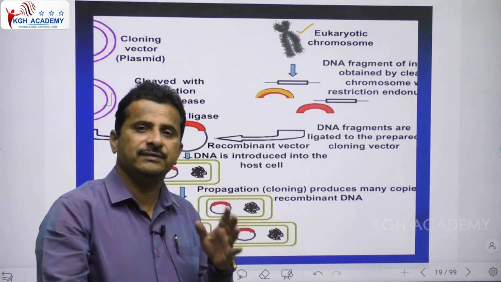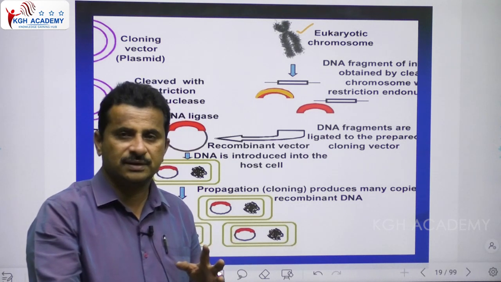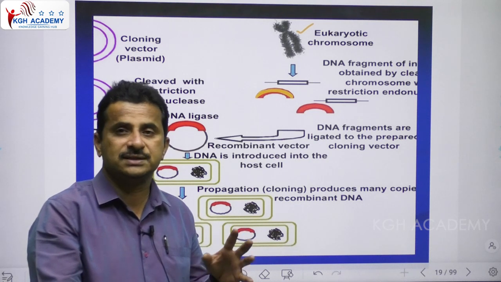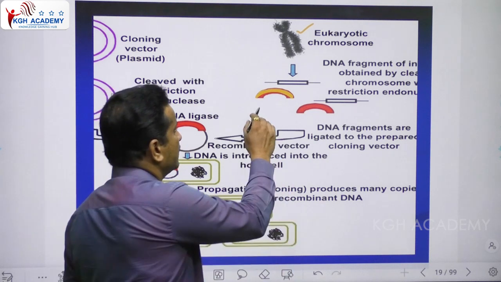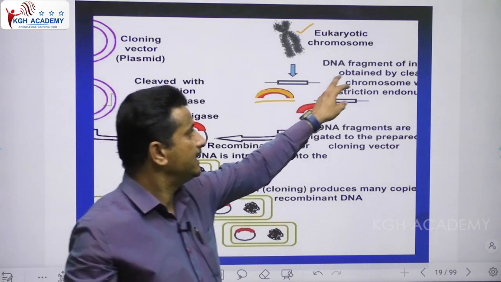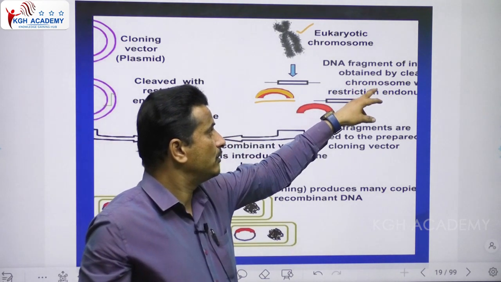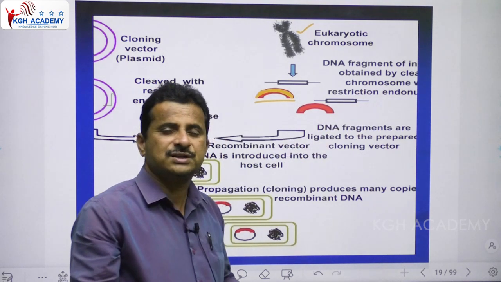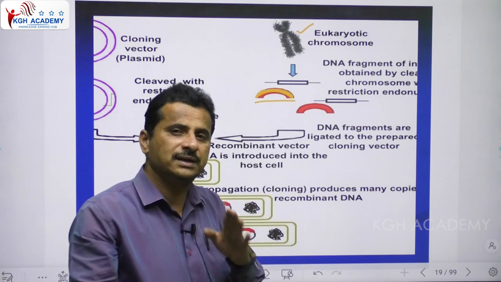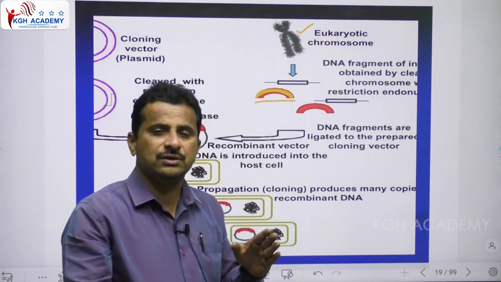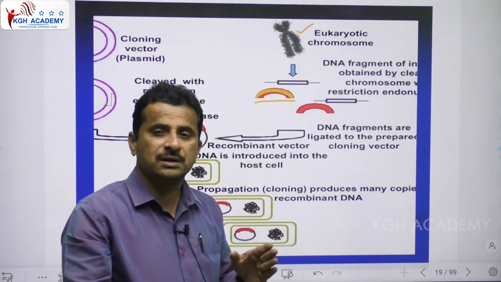By cutting DNA with the help of restriction enzymes, also called molecular scissors, we isolate a DNA or gene. See, DNA fragments are obtained by cleavage of chromosomes with restriction endonucleases. Restriction endonucleases help to cut the DNA at particular sites. That's why restriction endonuclease is also called molecular scissors.